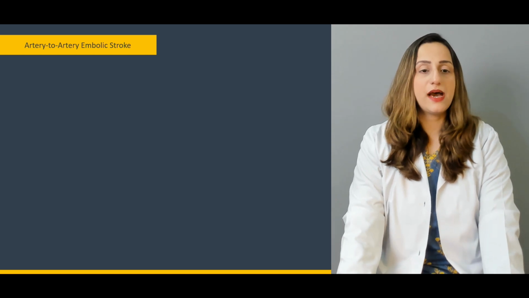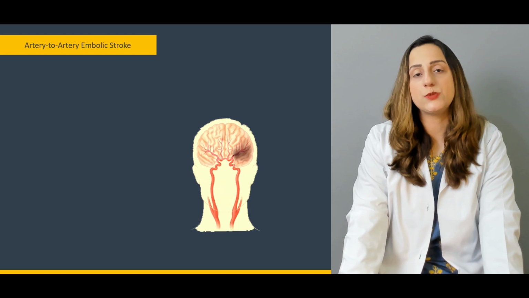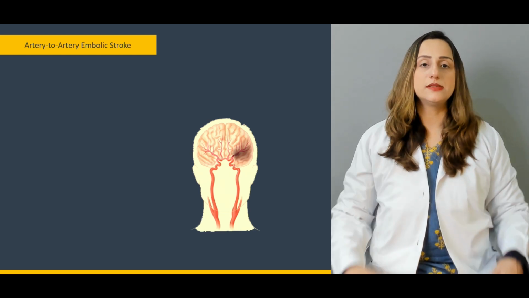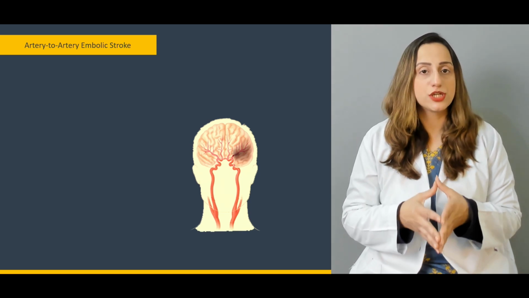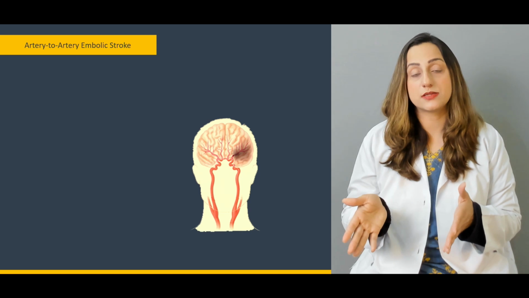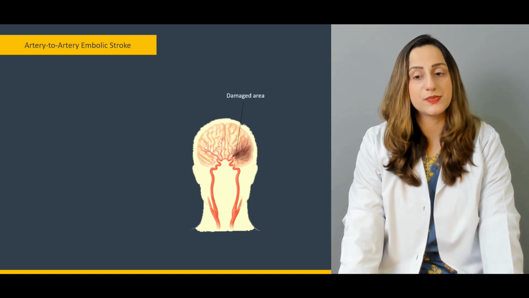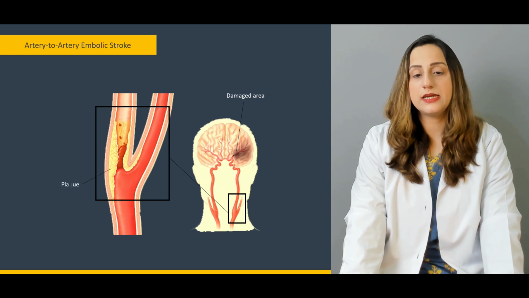Then obviously we have the artery-to-artery embolic stroke. Mostly we do not come across venous thrombosis. Usually it is the travel through the artery that leads to the blockage of a particular cerebral vessel and ultimately results in a cerebrovascular accident. So this is a diagram showing a damaged area of the brain and the vasculature involved.